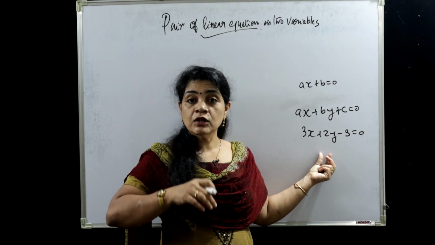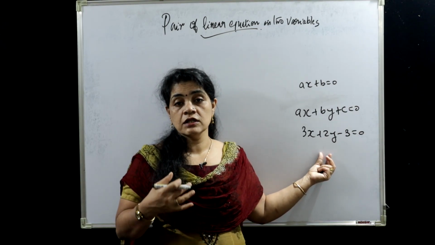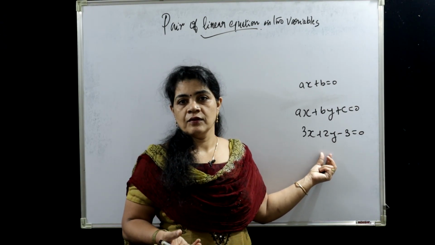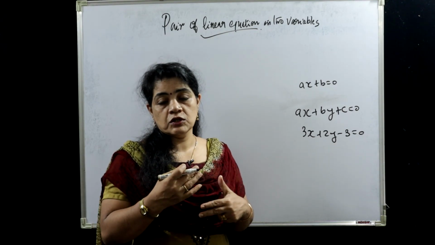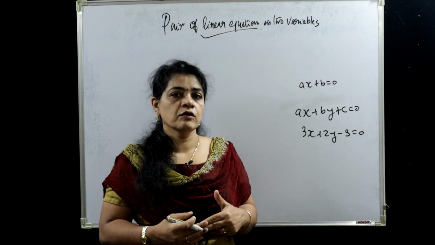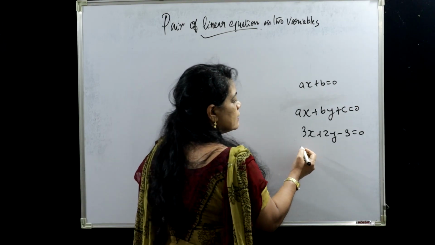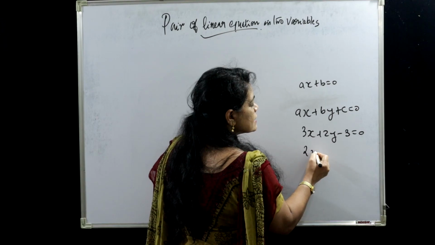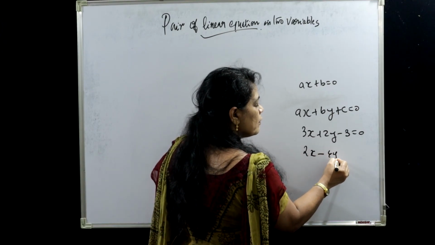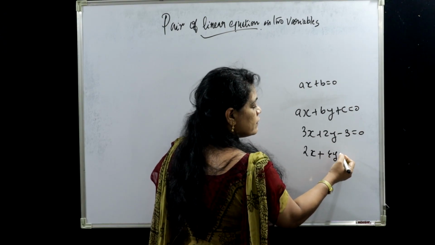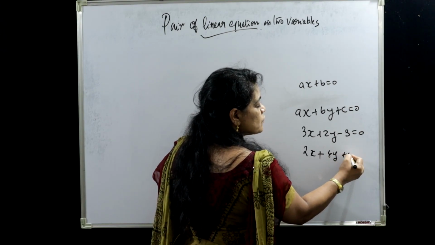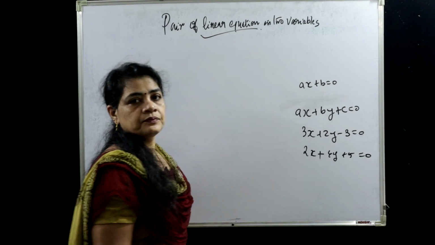Okay, but what is our topic? Pair of linear equations in two variables. Pair means we should have two equations, two linear equations in two variables. That means I am writing here 2x minus 4y, or for the time being I am writing plus, both positive values, and plus 5 equal to 0.